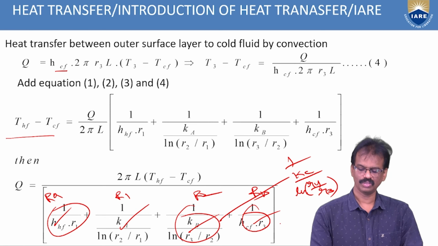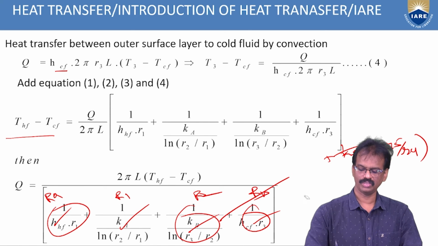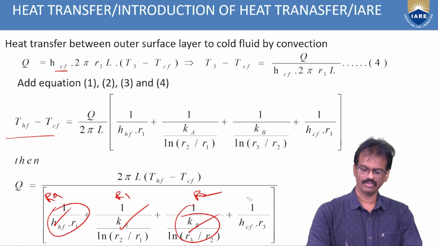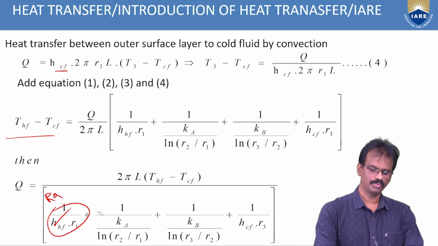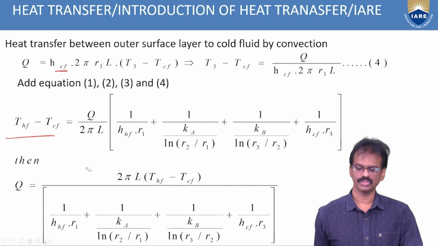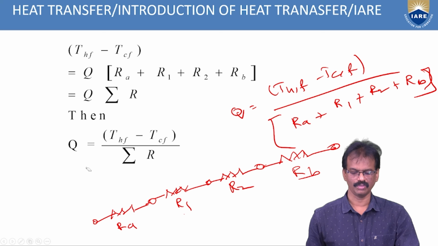If one more layer is there, we have to add 1 by Kd ln R5 by R4. So this is the formula. In this way you can solve the rate of heat transfer in different numbers of composite cylinders.